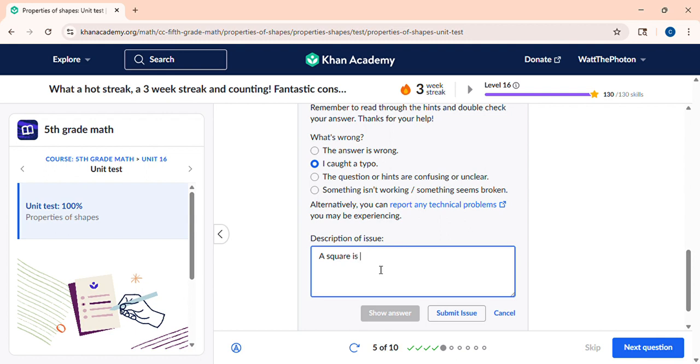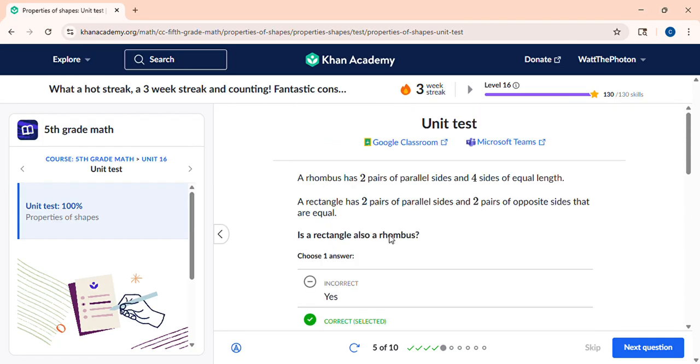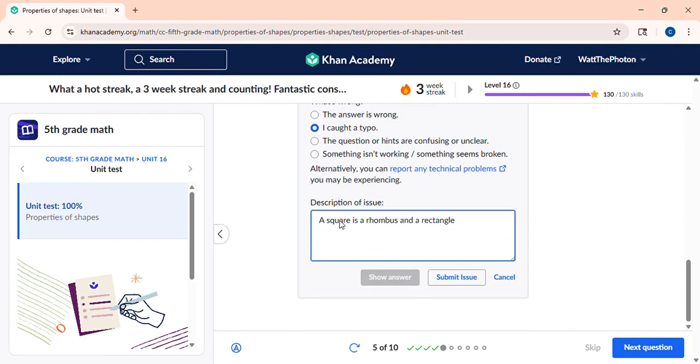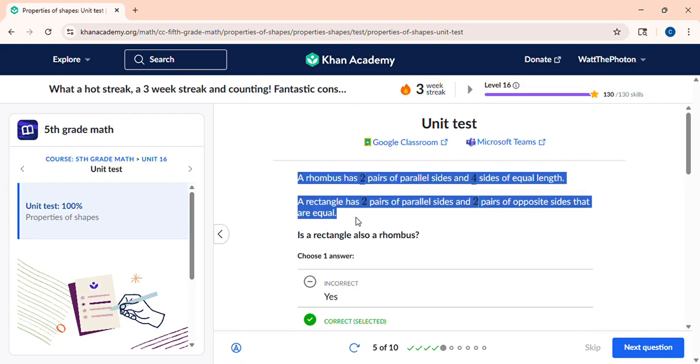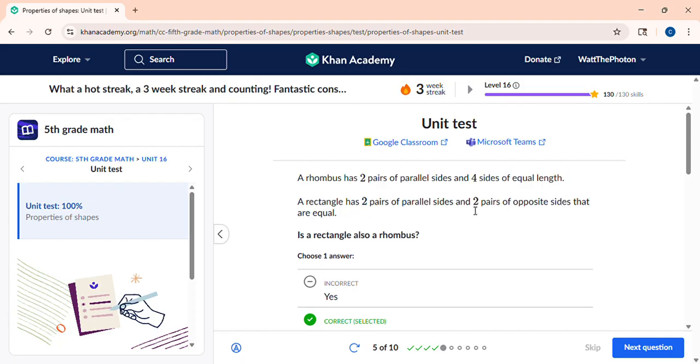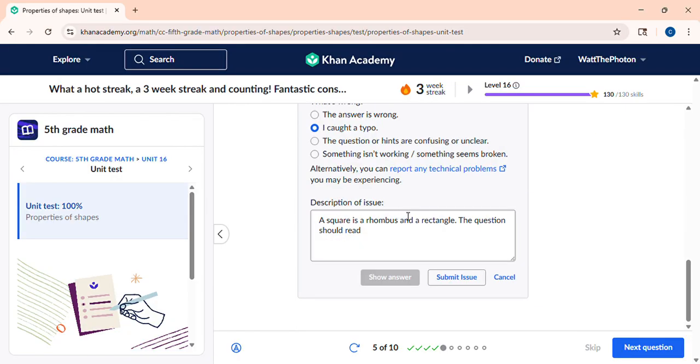A square is a... Is that true? A square is a... The question should read two pairs of opposite side lengths.